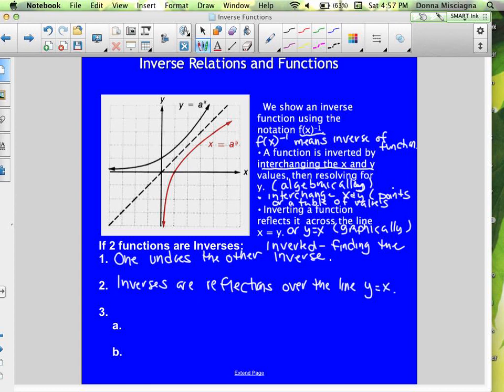And third, everything about the two functions is opposite. X and y are switched.